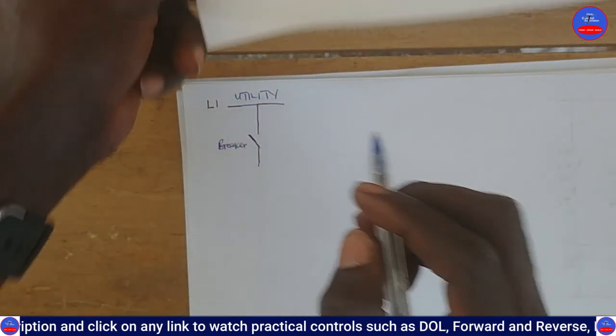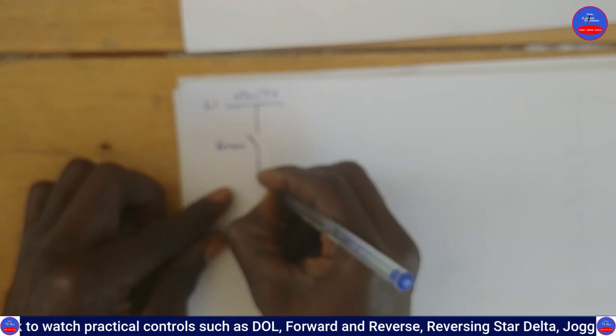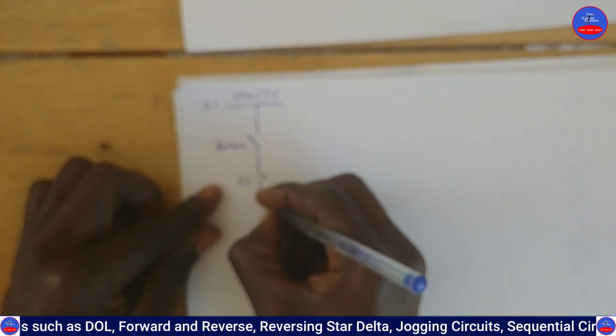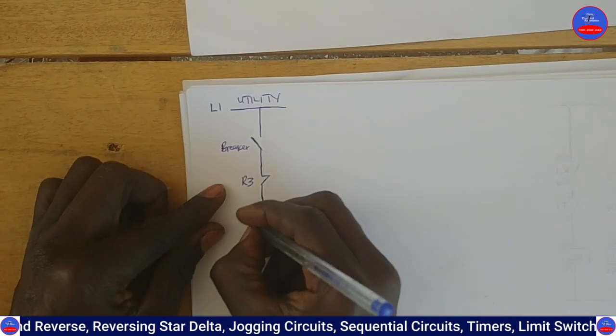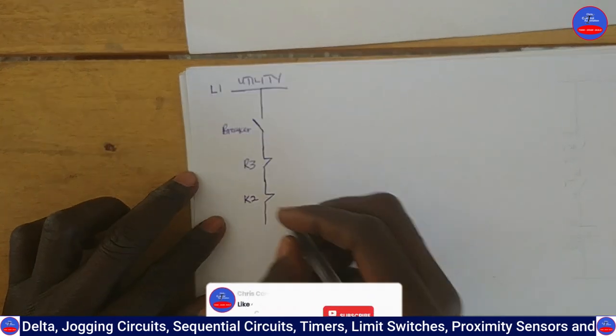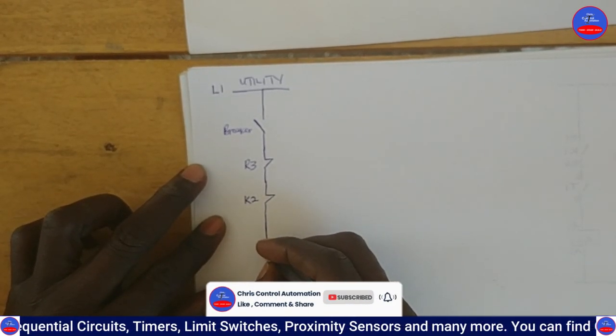From the breaker to go to R3, this is R3. From R3 to go to K2. Then from K2 to come to R1, the R1.